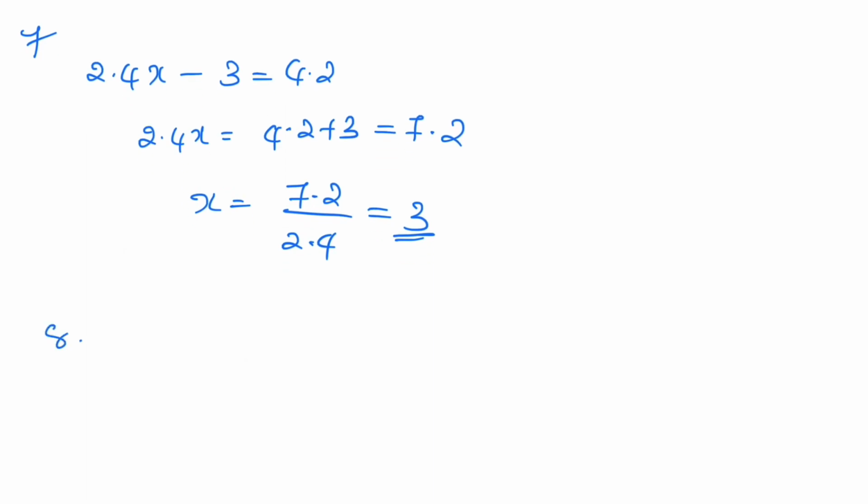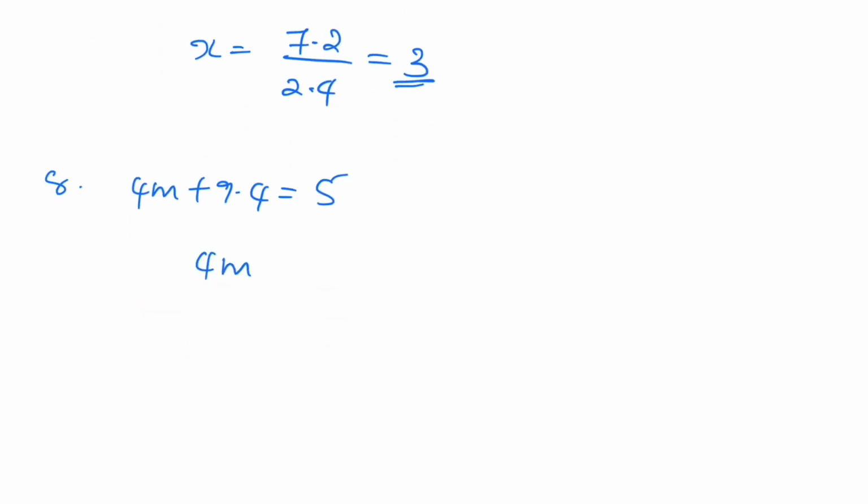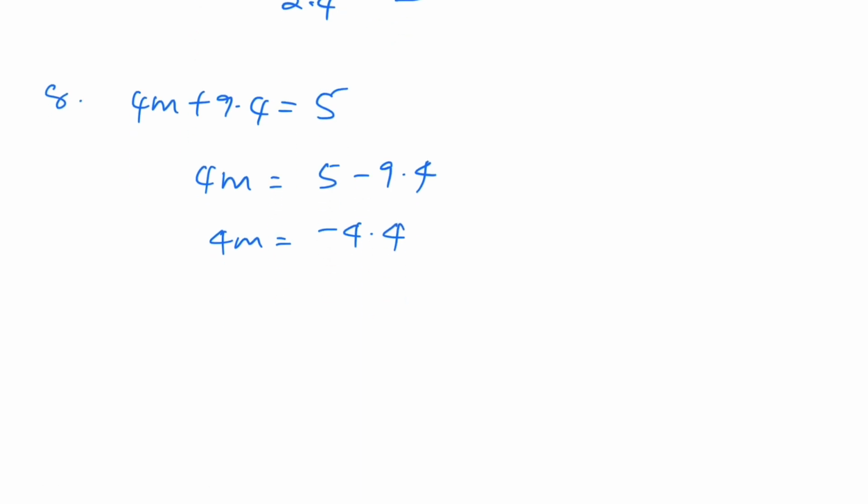Next one, eighth one you have 4m plus 9.4 is equal to 5. 4m is equal to 5 minus 9.4. 4m is equal to minus 4.4 you will get. So m is equal to minus 4.4 divided by 4 equal to minus 1.1.